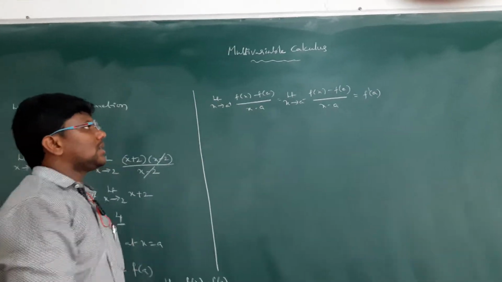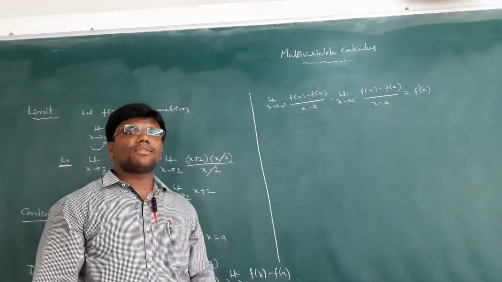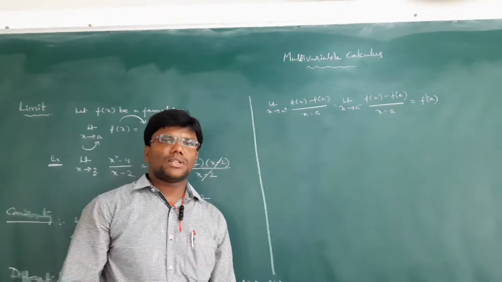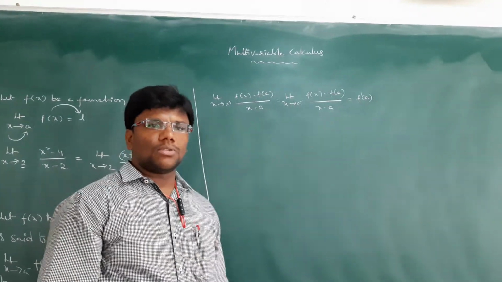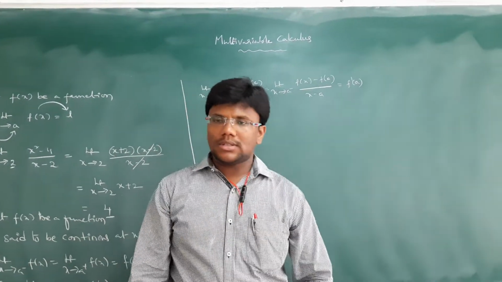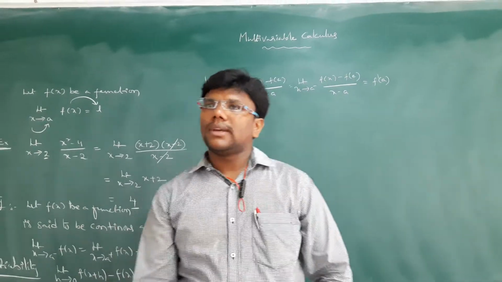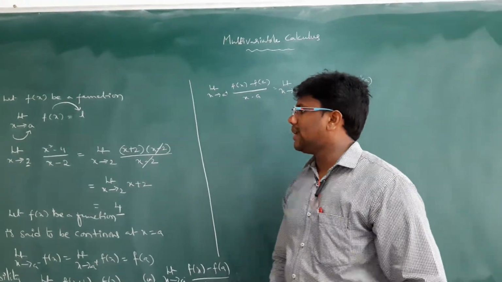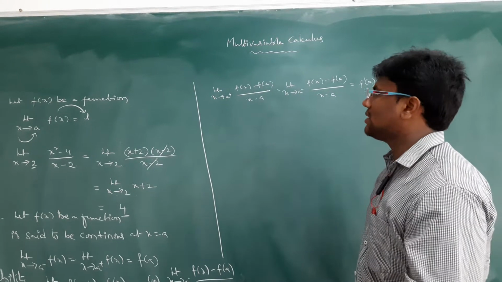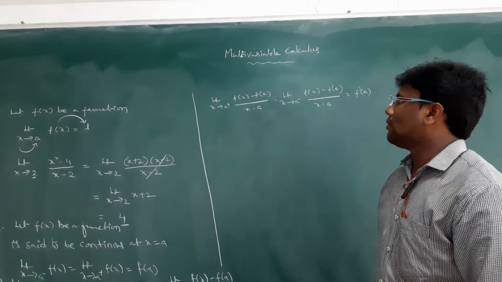If these three values are equal, then the function is said to be differentiable at x equals a. This is about the single variable function: what is the limit, what is continuity and what is the differentiability.